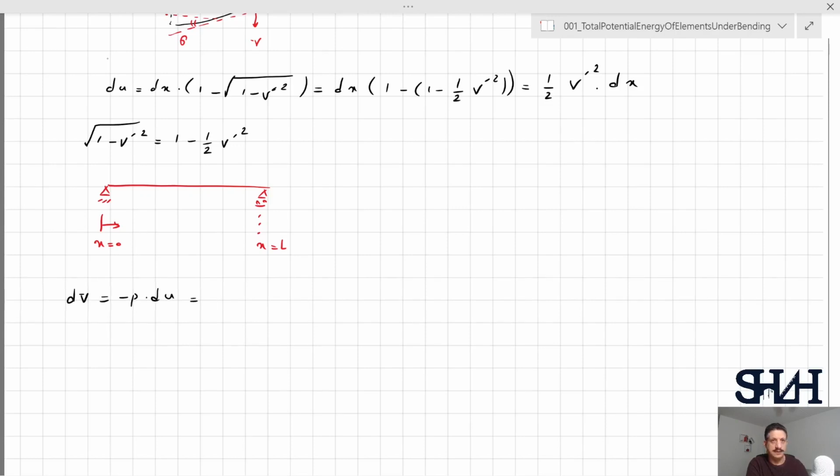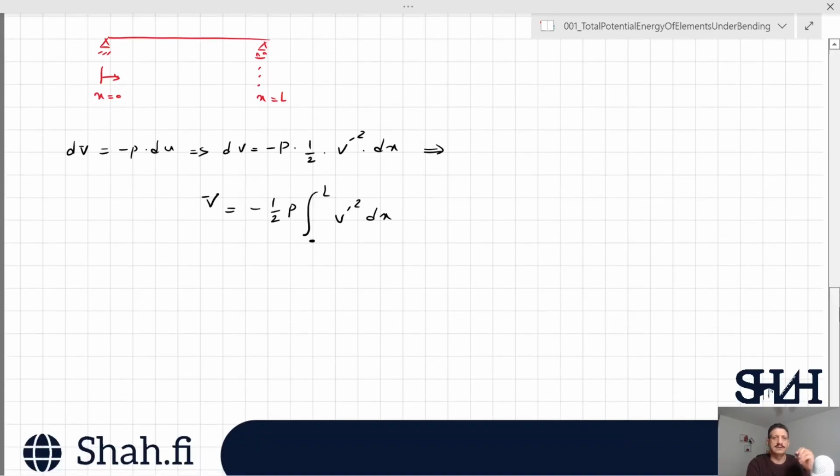And we calculated du earlier, then dV will be minus P times 1 over 2 v prime squared dx. As a result, V, or the loss of energy due to deformation, will be minus 1 over 2 P times the integral from 0 to L of v prime squared dx. This is the energy that will be lost in a beam, considering only bending and elongation.